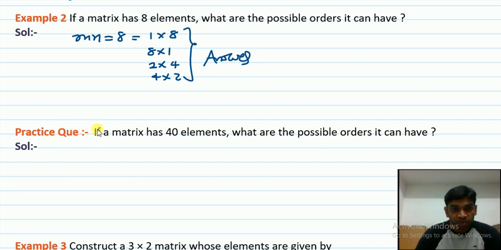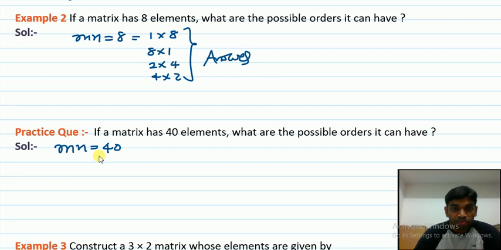I have also covered one practice question, in which I have taken 40 elements: if a matrix has 40 elements, then what are the possible orders it can have? Here, if you have 40 elements, then mn equals 40. But to represent these 40 elements, how many different orders are possible?